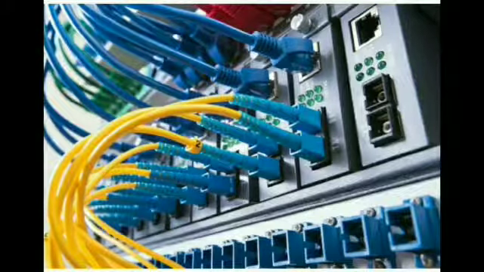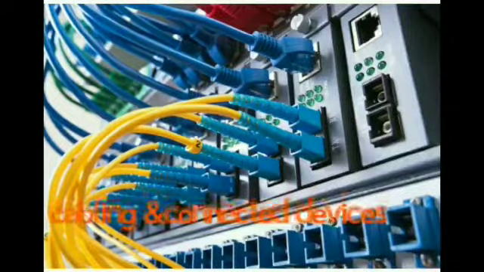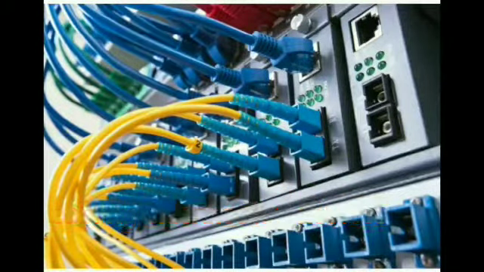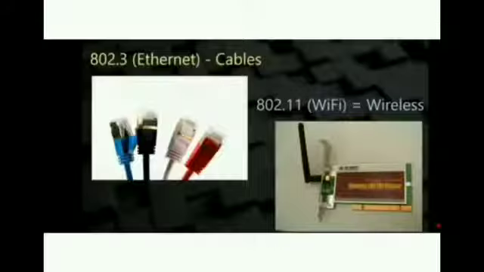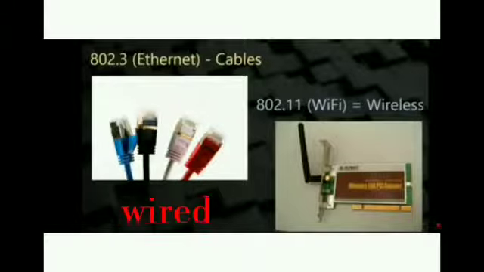In this video, we are going to have a look at cabling and Wi-Fi, the Ethernet protocols and network addressing, and how to connect the devices. See guys, when it comes to connecting devices, there are two options: wired and wireless.